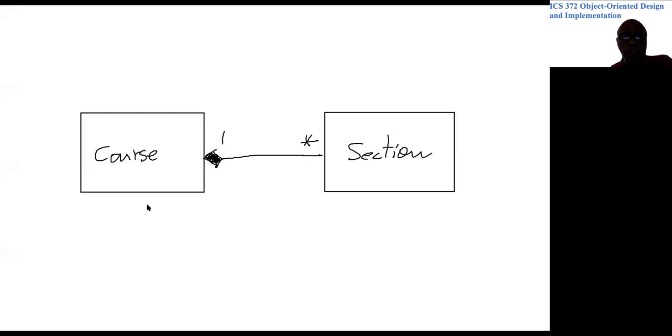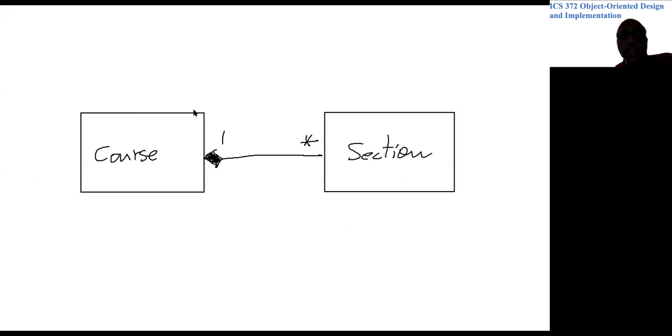What we saw in the previous diagram was a particular scenario, right? We had 2 courses and some sections for each one of those courses. As far as we are concerned as a design issue, there is a class called Course and a class called Section. We know that a course can have multiple sections.